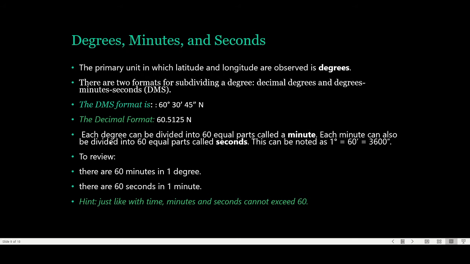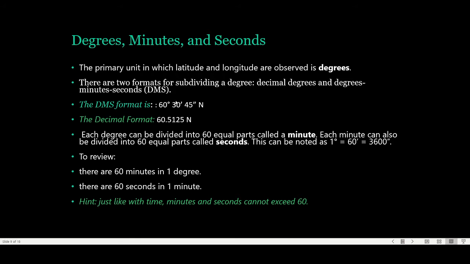So here's a quick rule. Each degree can be divided into 60 equal parts called minutes. Each minute can also be divided into 60 equal parts called seconds, which can be noted as 1 degree equals 60 minutes equals 3,600 seconds. So to review, there are 60 minutes in 1 degree and 60 seconds in 1 minute. Just like with time, minutes and seconds cannot exceed 60.